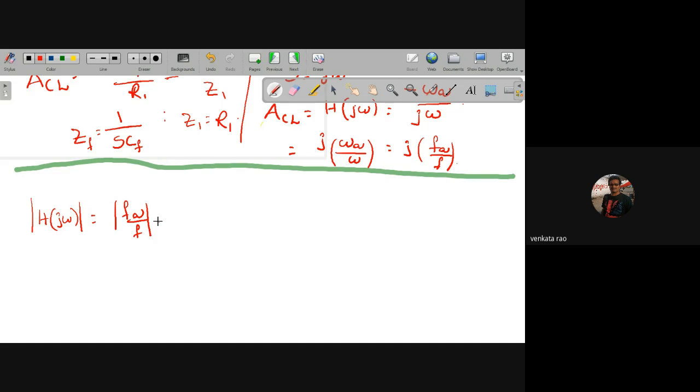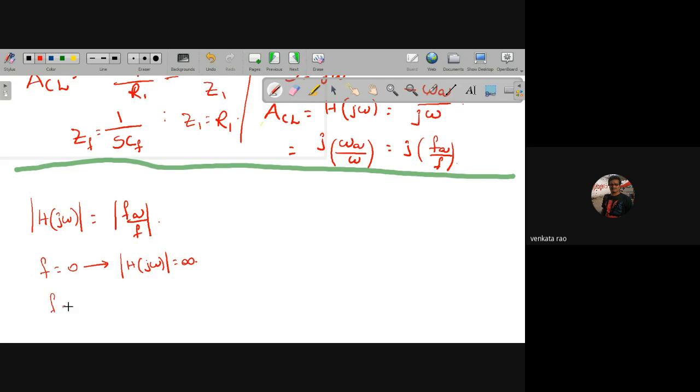Yes. Now, so this is FA by F. Now I am taking different values here. First, let F be equal to 0. At F equal to 0, H of j omega becomes infinity.